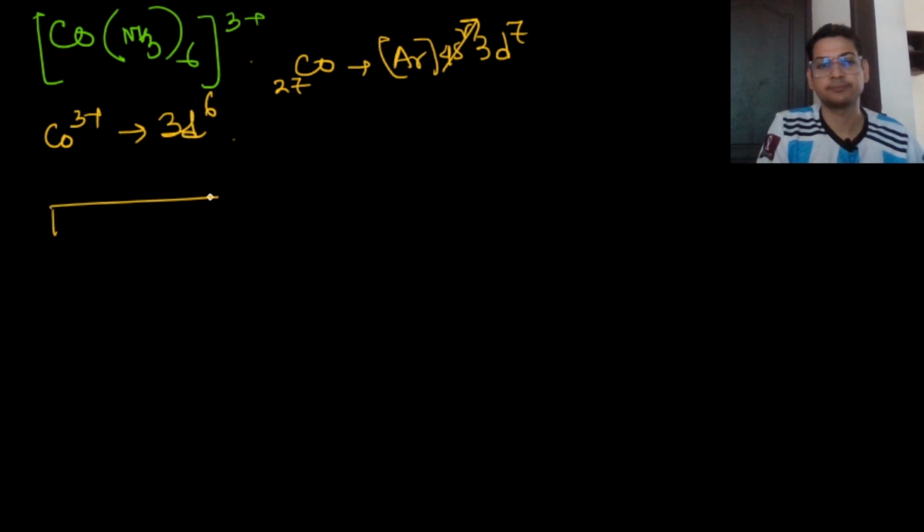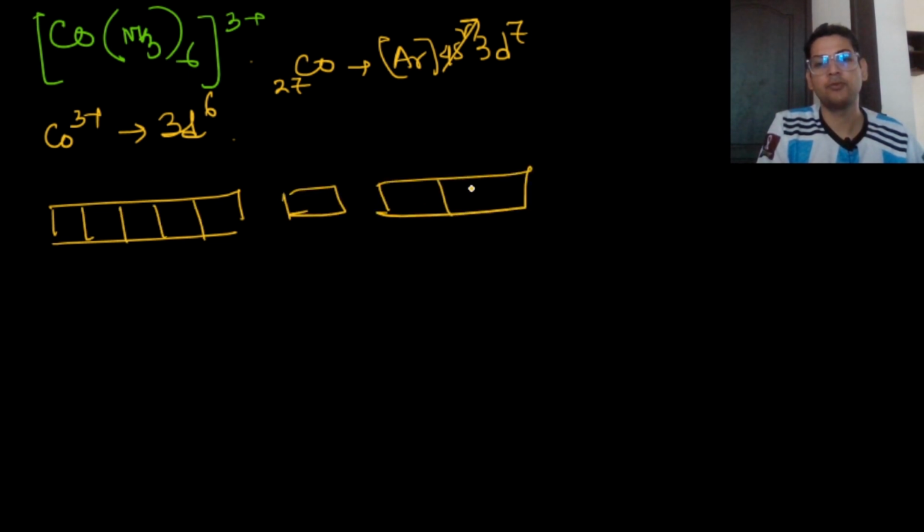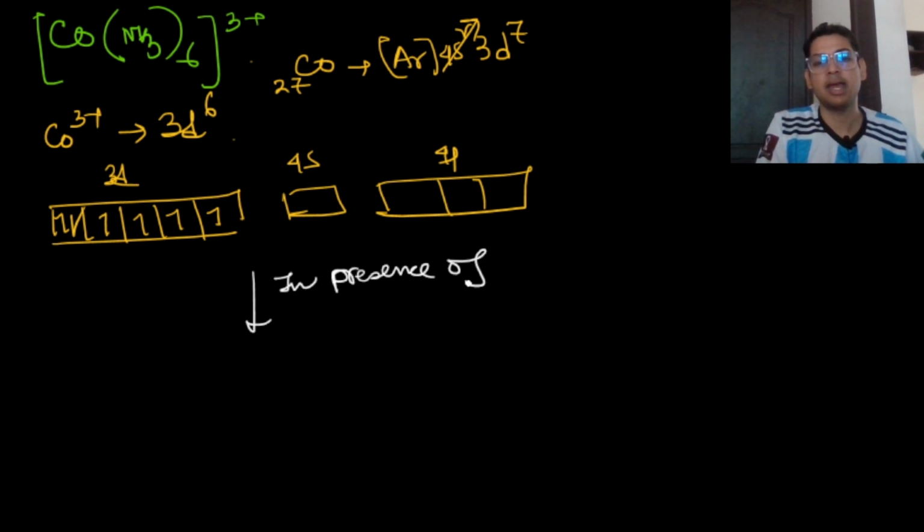Okay, 1 2 3 4, 4s 4p. This is 3d, this is 4s, this is 4p. 1 2 3 4 5 6. Now in presence of ammonia.